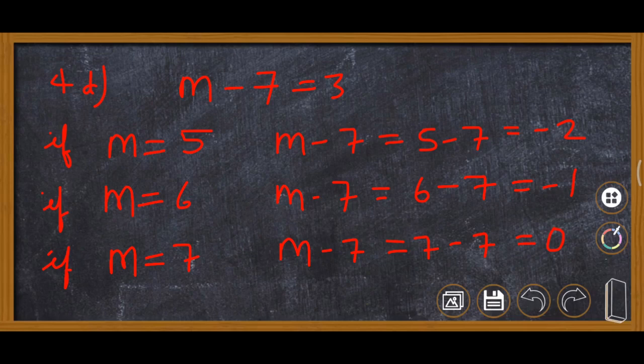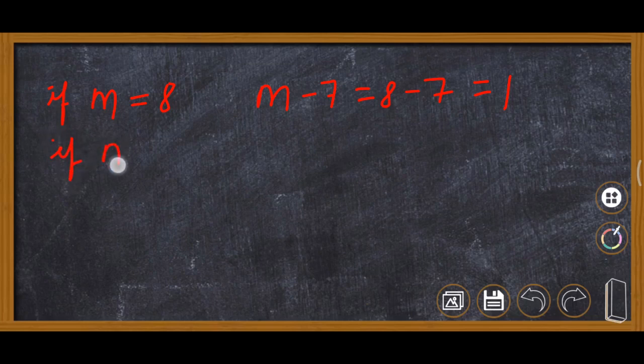Now we will fill. If m equal 8, then m minus 7 is 8 minus 7, and it is 1. If m equal 9, then m minus 7 is 9 minus 7, and it is 2.